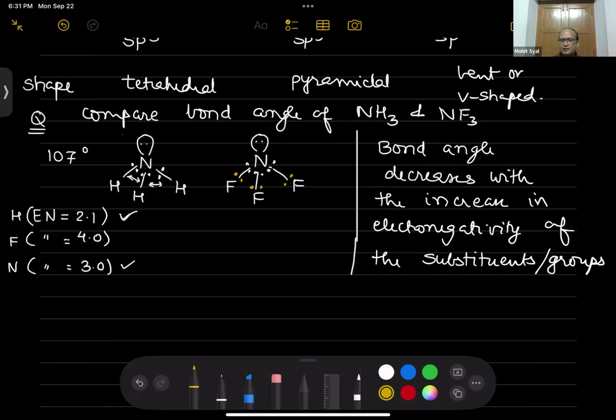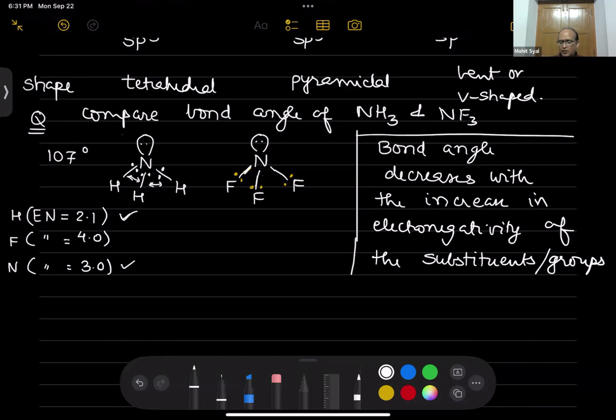Which is the correct option? Are they going to get shifted towards the nitrogen or the fluorine? Fluorine, because fluorine is more electronegative. Got it? So what will happen? Because the substituent is more electronegative, the bonded electrons will be taken away by the substituent farther from the central atom. Repulsion will be lower and the bond angle will decrease.